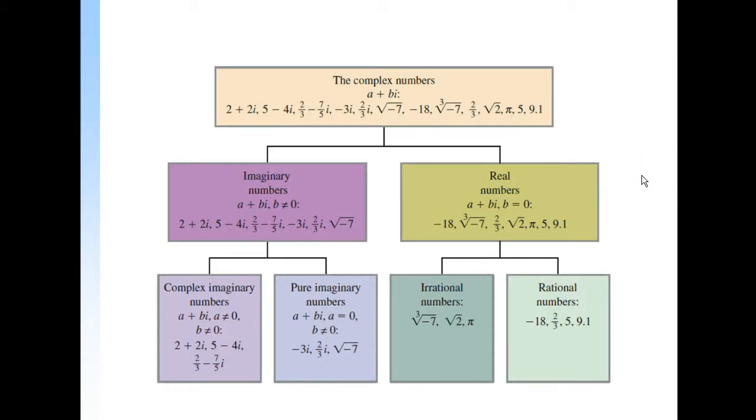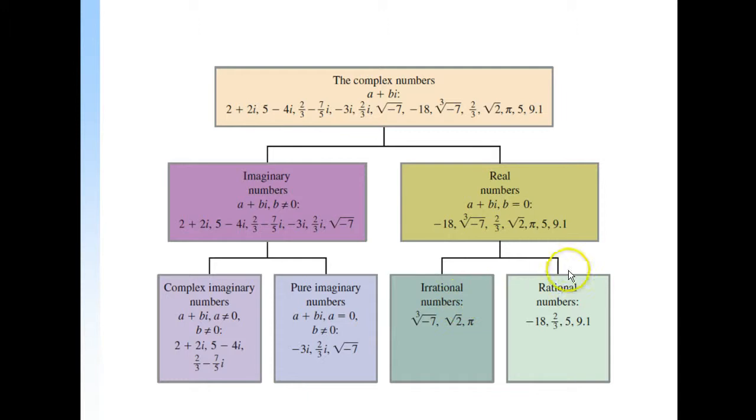So here we see now a breakdown of all of our numbers in the complex number system. On this side we have real numbers. On this side we have imaginary numbers. Notice these have the letter i in there somewhere. Here we don't see any i's at all.